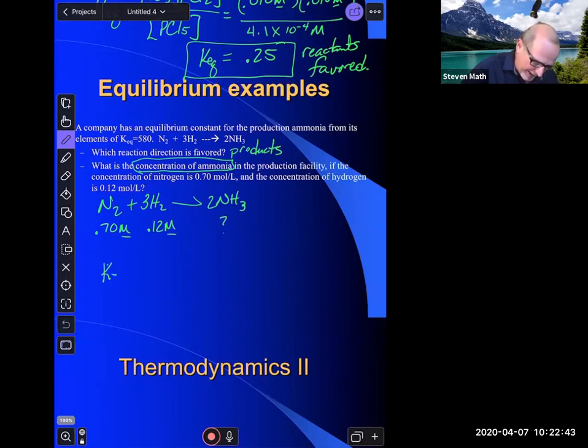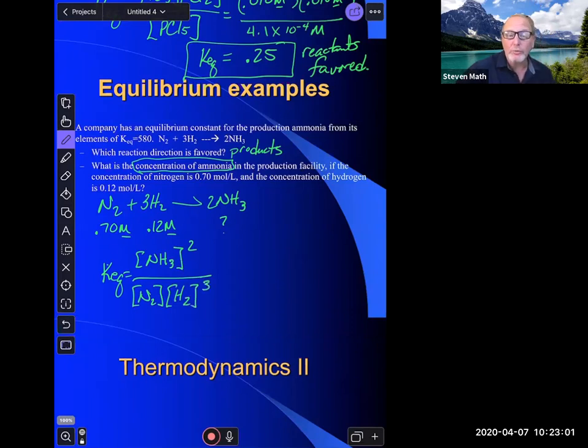So the KEQ in this case would be equal to the concentration of NH3 squared over the concentration of N2 times the concentration of H2 cubed. Now we have coefficients that come into play, and those are pretty important.